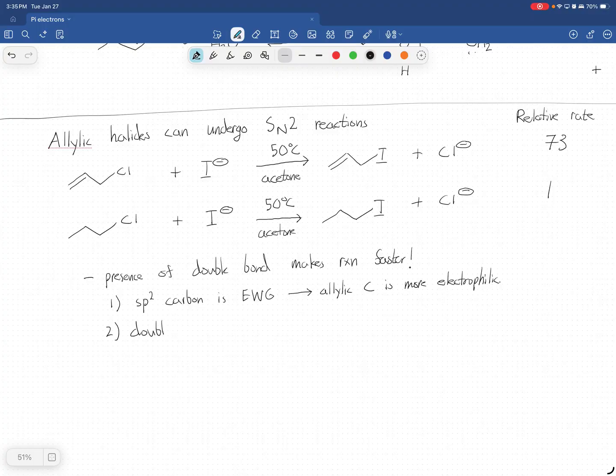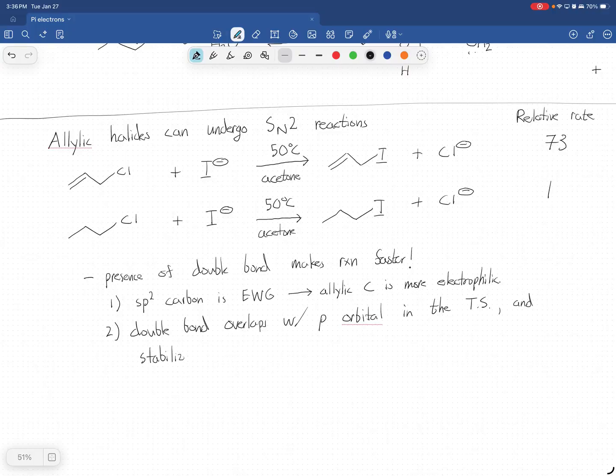The second reason, number two, the double bond. I think this is more important. The double bond overlaps with the p orbital that is forming in the SN2 transition state. This is the transition state, and when it does this, it stabilizes the transition state.